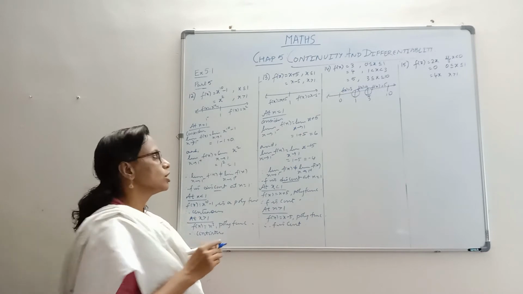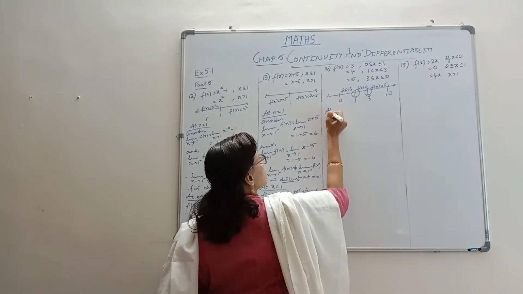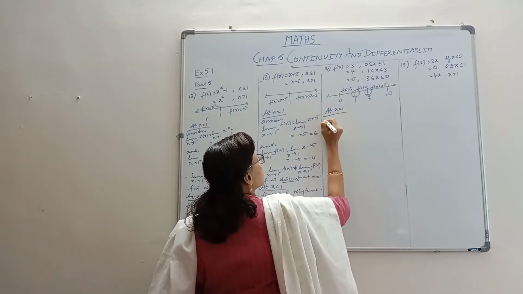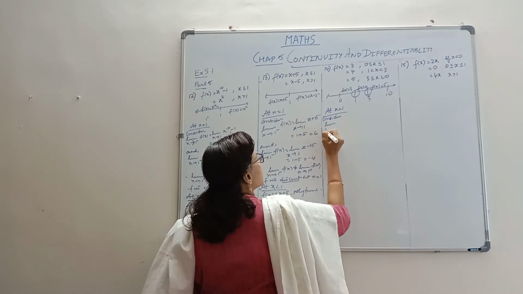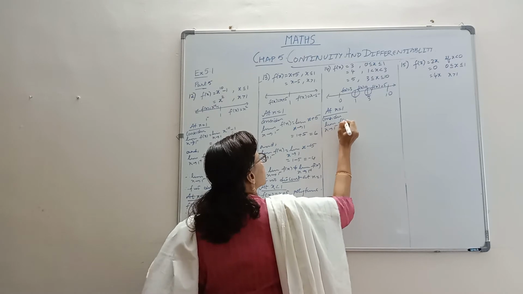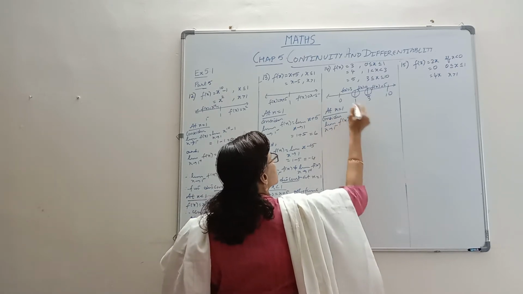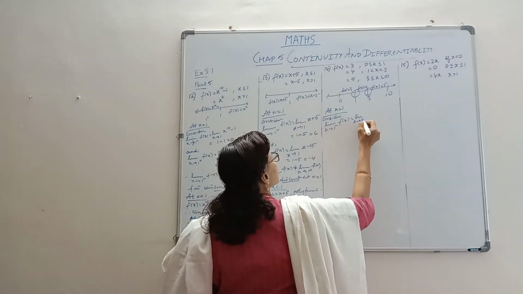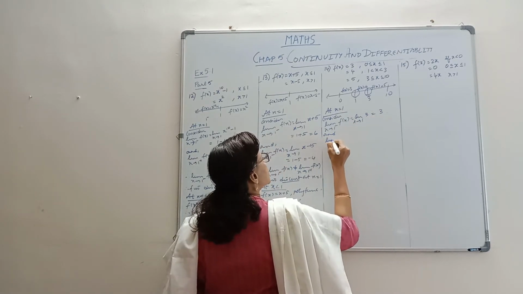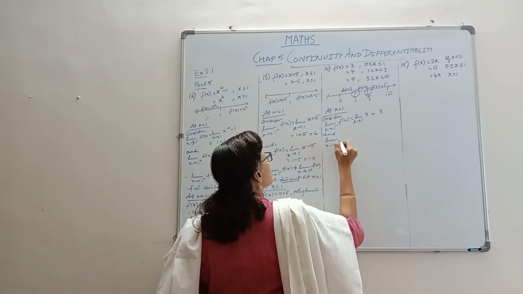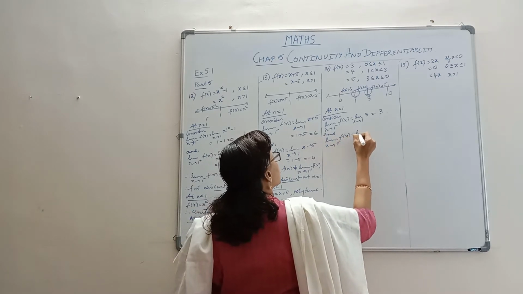at those areas. So at x equal to 1, let's check. Consider the limit as x tends to 1 minus, from the left side. Just check. It is 3. So answer is 3. And limit as x tends to 1 plus f of x, that means from the right side.